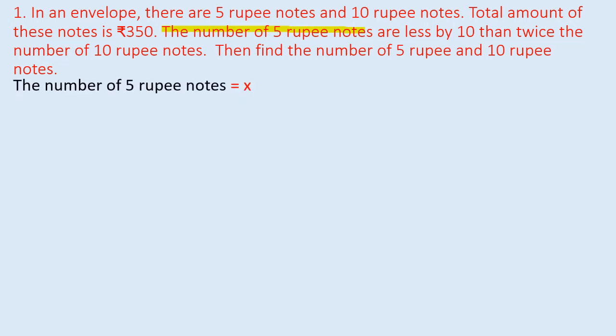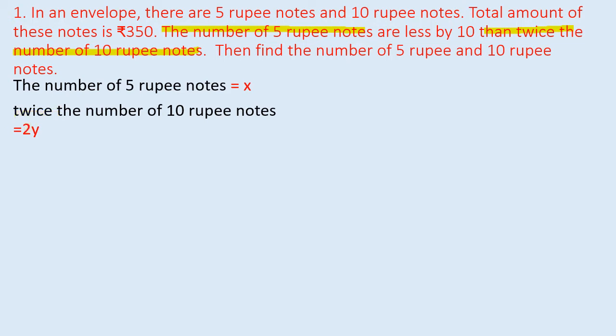The number of 5 rupee notes is x. They are less by 10 than twice the number of 10 rupee notes. Twice the number of 10 rupee notes means 2y: for twice you will have 2, and for the number of 10 rupee notes you will have y.